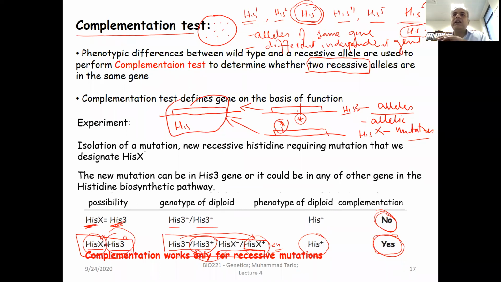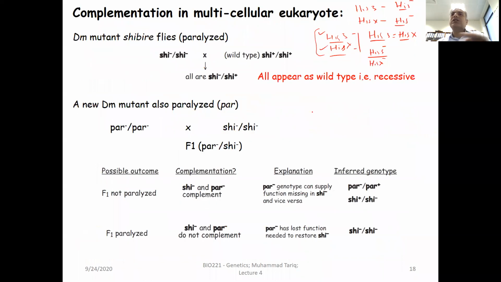It could be here and it could be there. So what will be the phenotype? His minus, because both of them are his minus. And since they are recessive, though they are not the same alleles, both the copies of the same gene in the diploid are mutant. That's why we see the recessive phenotype.